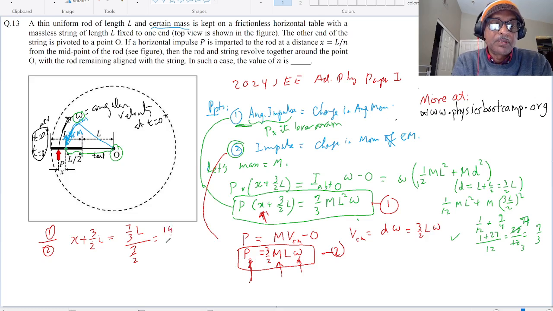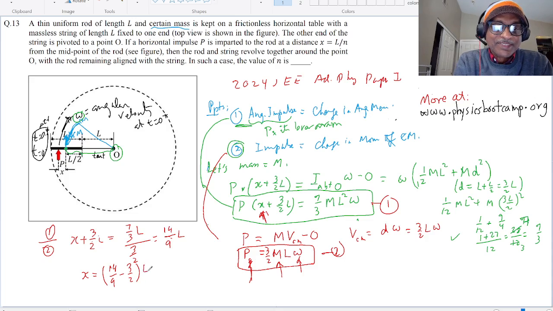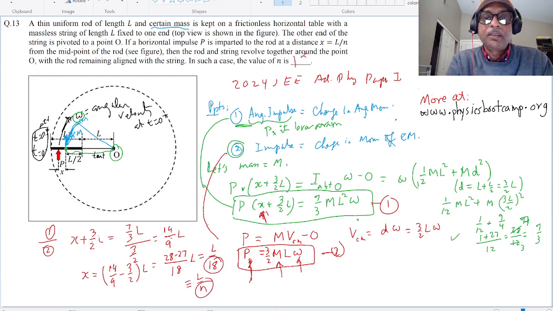So you have 14 over 9 L. So x turns out to be 14 over 9 minus 3 over 2, which is 28 minus 27 over 18, so L over 18. I'm supposed to write it as L over n, so n is 18.